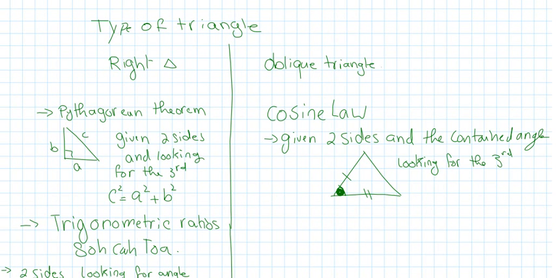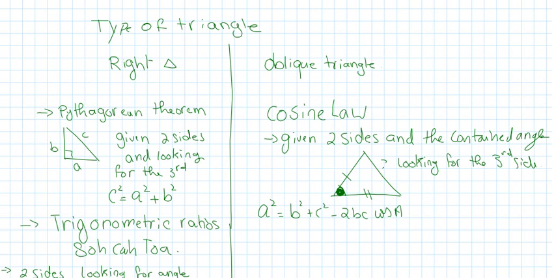And in this case, you can use cos law in this form: a squared equals b squared plus c squared minus 2bc cos a. So this is one option to use cosine law, if you have the two sides and the contained angle.